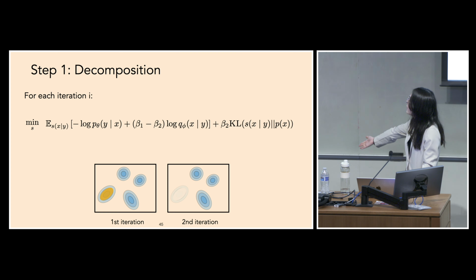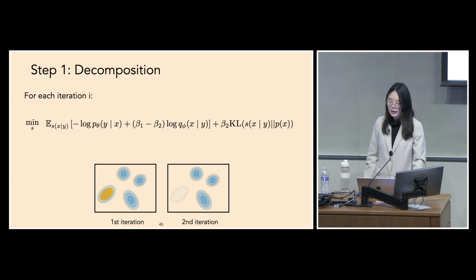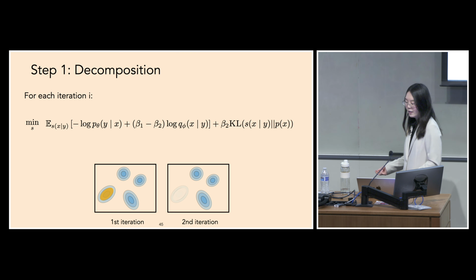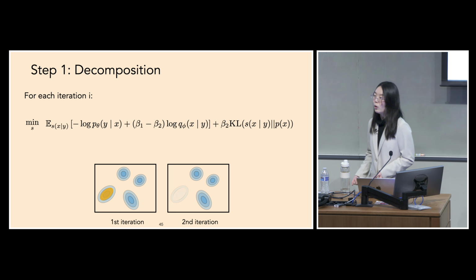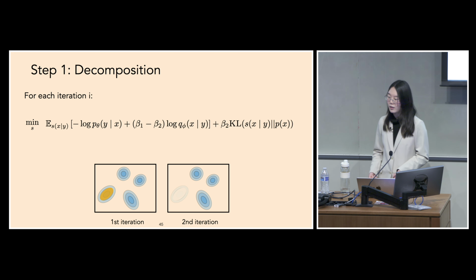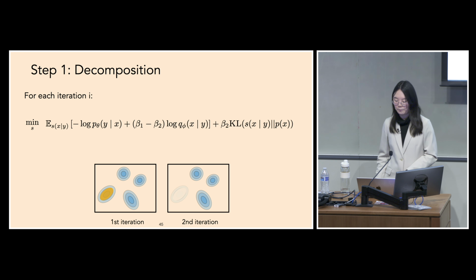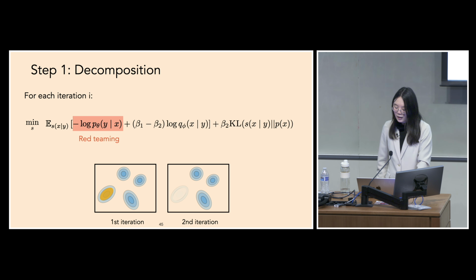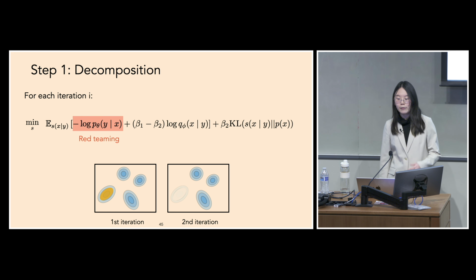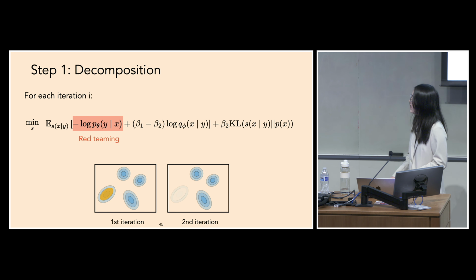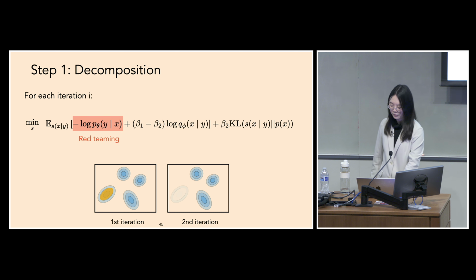So here is the objective for each iteration. I'll first provide some intuition here, and later show that this is actually equivalent to one step of the Frank-Wolfe optimization algorithm applied to the full objective. So here, the red box is the red teaming term, which captures how well our distribution of prompts can elicit the target response.